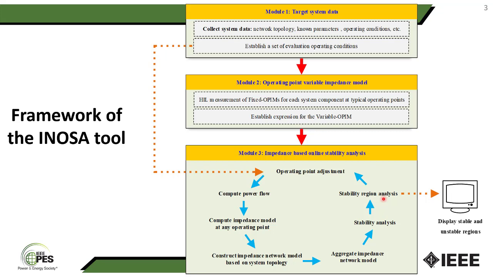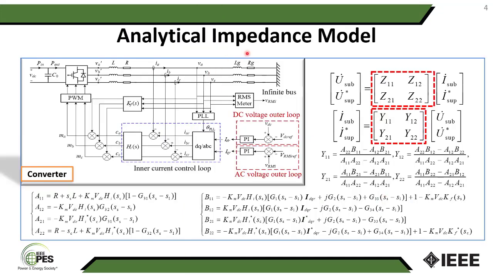I'll briefly talk about a little bit of background of this tool and also different modules and how it would work. We know that a grid-tied voltage source converter would have a specific converter control structure, which in this case, for example, has inner current control loops and outer voltage control loops.